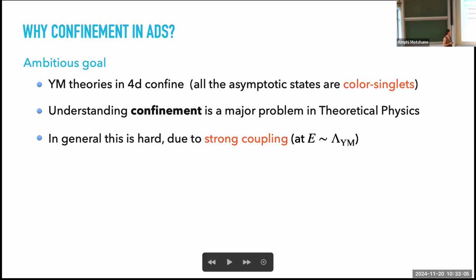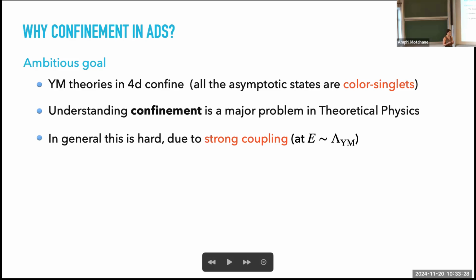As you surely know, Yang-Mills theory in 4 dimensions is confined. This means that the only asymptotic states that are observed are color singlets. The problem is that Yang-Mills theories are weakly coupled at high energies, so we can control them with perturbation theory.